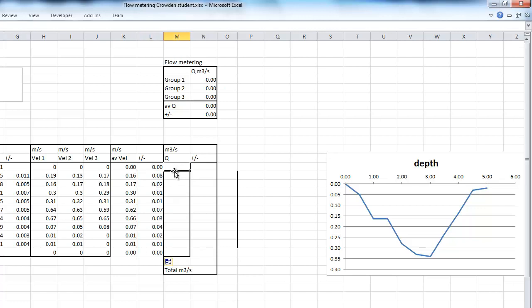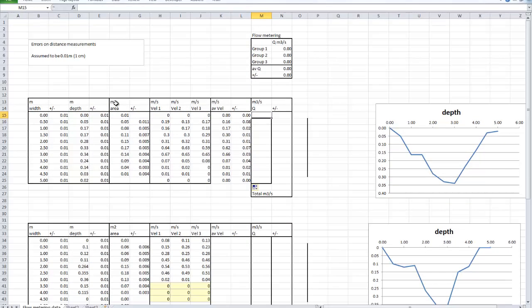Now we can work out the discharge. The discharge is going to be the area, meters squared, multiplied by the velocity in meters per second, which will give us meters cubed per second. So it's equal to the area multiplied by the velocity. Copy that down.